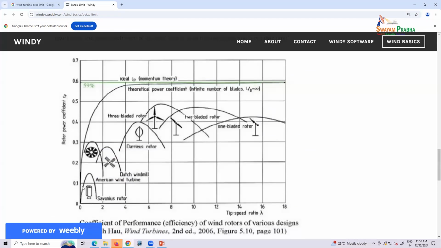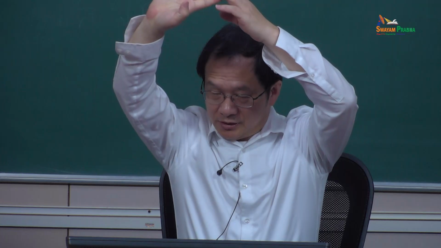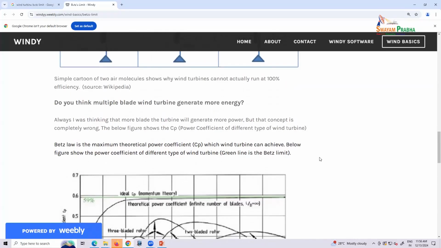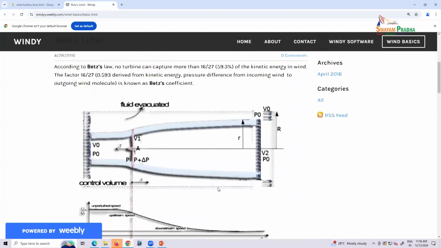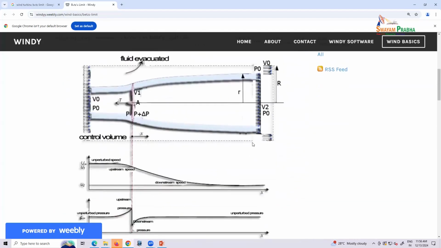These turbines have different efficiency lines. This is efficiency, and this is tip speed ratio. Tip speed ratio is the tip rotation speed divided by the wind speed, right? Then it can have a 59% efficiency limit. The reason is like this: when the wind blows the turbine, and this nice figure.